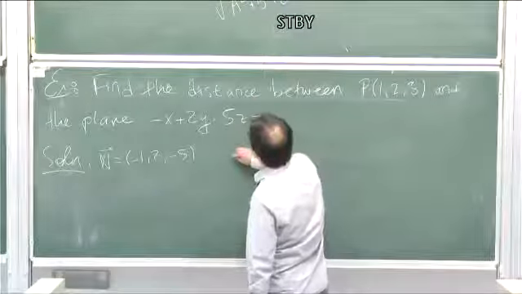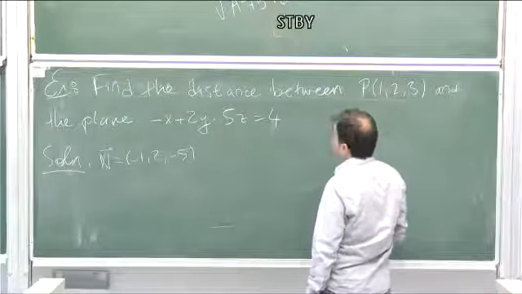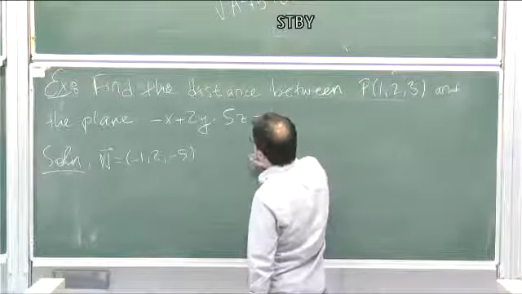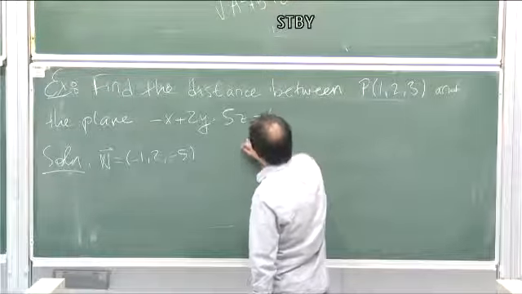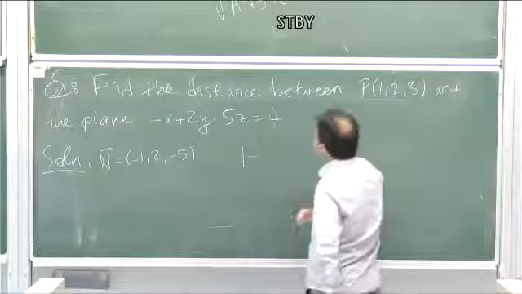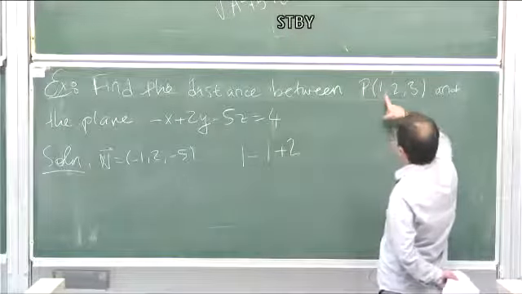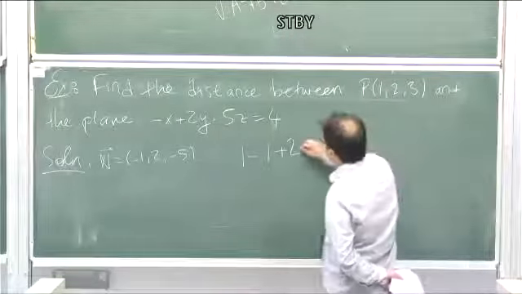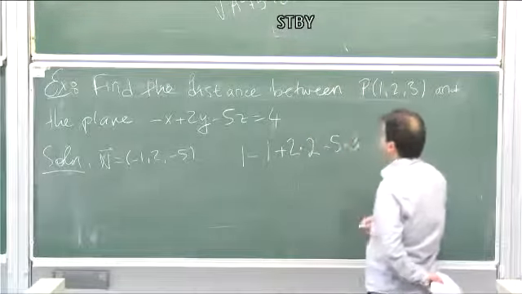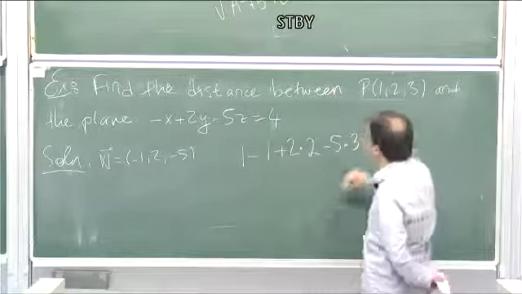I put this point P, whose distance I want to know, into this equation: x0 equals 1, y0 equals 2, minus 5 times z, which is 3. However, I should include this 4 on the other side.